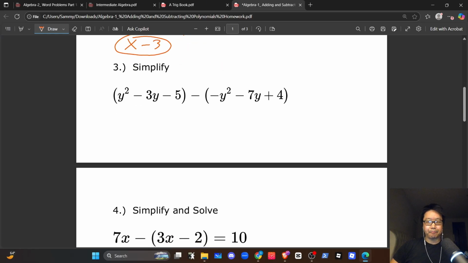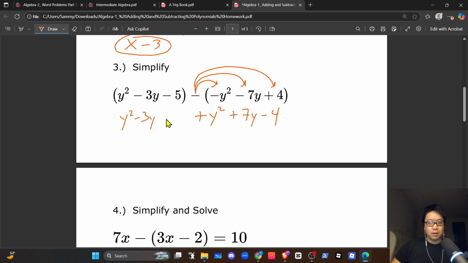Again, simplify. And once more, we have a negative in front of the polynomial that we're subtracting. So we're just going to distribute this negative to each term in the second polynomial. And when we do that, we get positive y squared, positive 7y, and a negative 4. And then we can simply pop out the first polynomial because there's nothing in front of it.